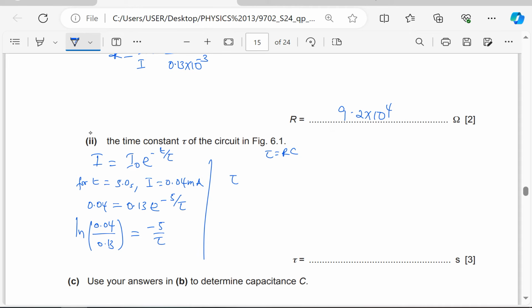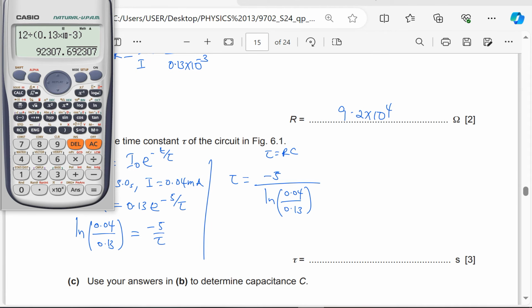So it means t is going to be equal to negative 5 divided by ln of 0.04 divided by 0.13. So I'll start with the denominator: ln of 0.04 divided by 0.13. Then I'll say negative 5 divided by the answer.